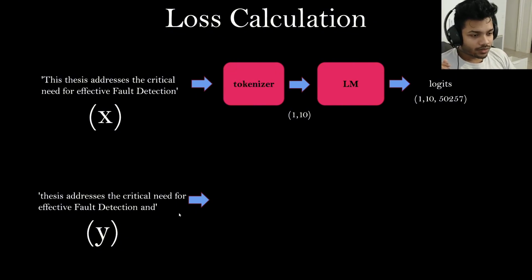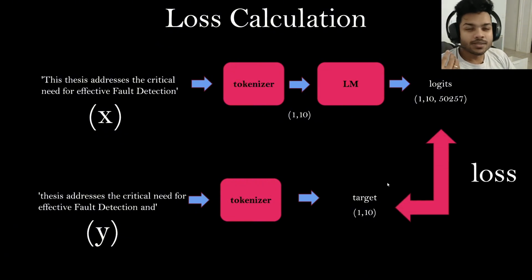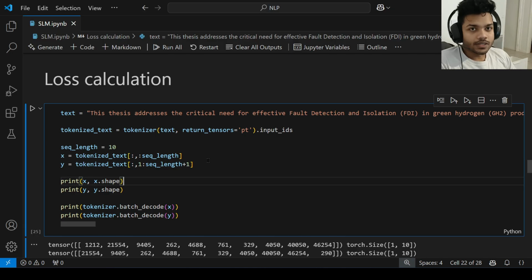For the target also, I will do a tokenization step. Now my target will be 1 cross 10, and then I'll apply the loss function, which will be the simple categorical cross entropy loss. And with that loss, I'll optimize the weights inside the language model. So let's see an example of how to calculate a simple loss.